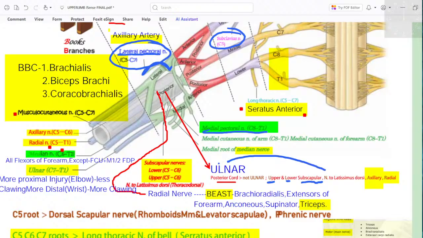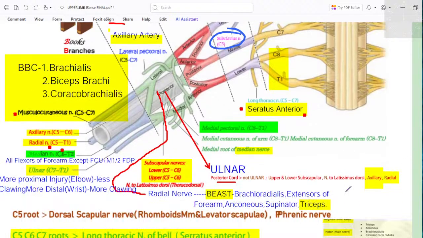N for nerve to latissimus dorsi. A for axillary, and R for radial. These all are the posterior cord branches.